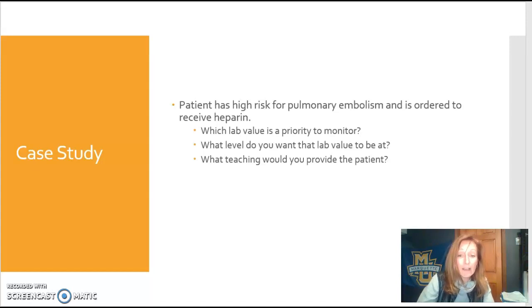Next question, what level do you want that lab value to be at? Excellent, 1.5 to 2 times the baseline. Great. And what teaching would you provide the patient? Right, you're watching out for bleeding. Or when you're brushing your gums, are you noticing any blood? Do you have bruises? Be careful about injury. You don't want to fall down because you can have internal bleeding. It's really, really important. Safety is huge with these patients who are on anticoagulants.